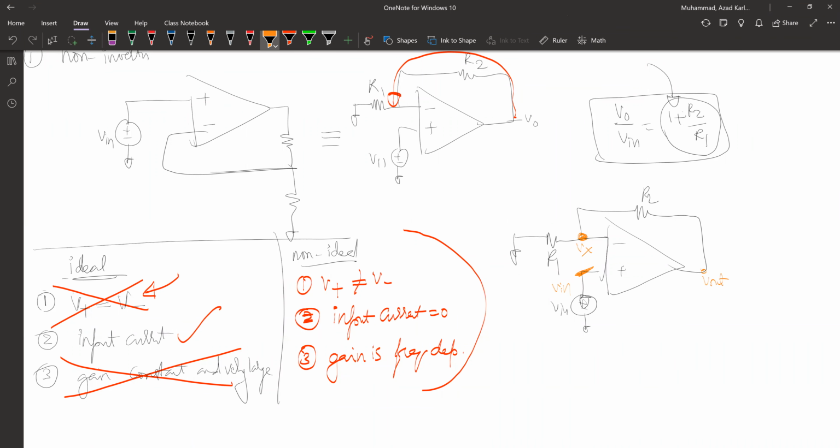The first equation I'm going to write is a regular KVL. Wait, did I have the right circuit? Give me 1 second. I believe I have the right circuit.